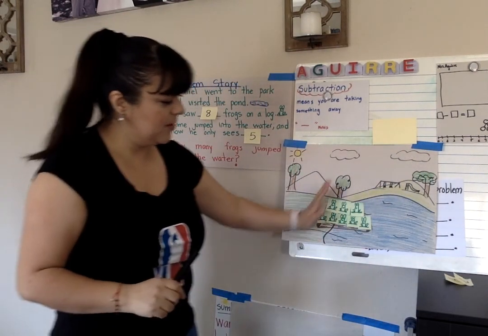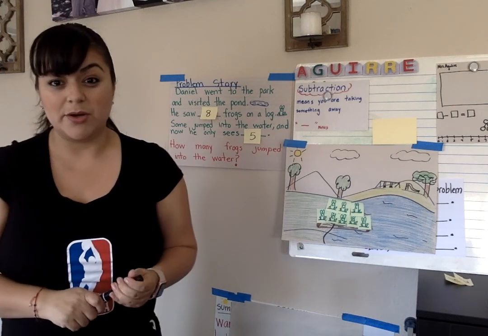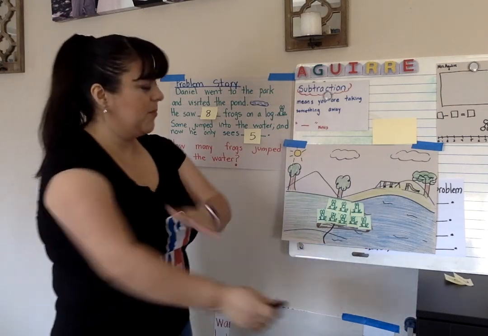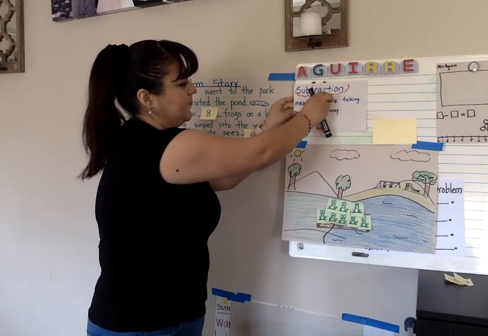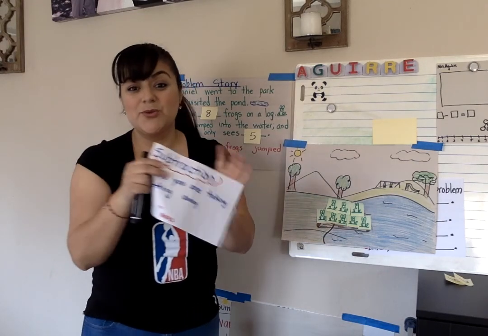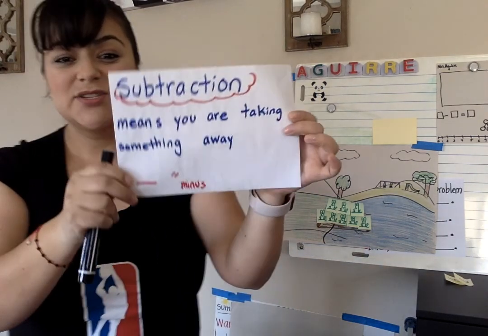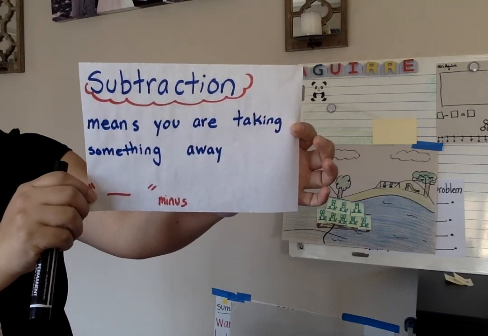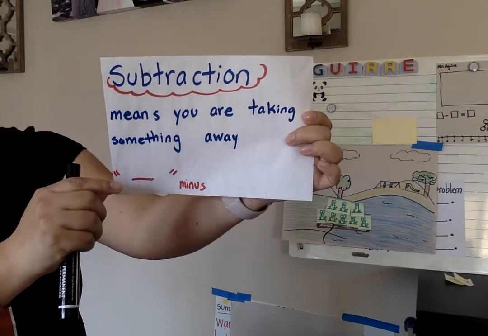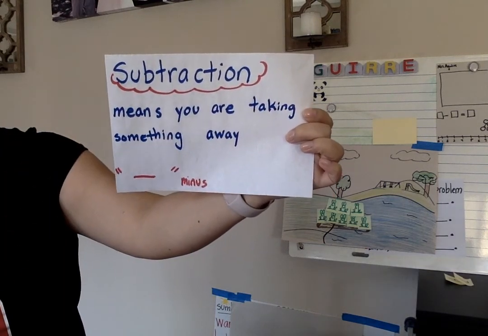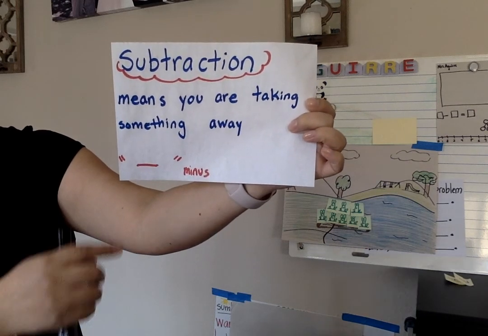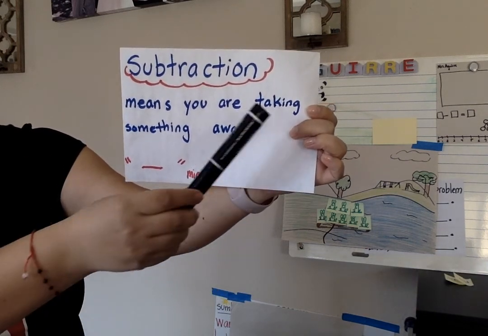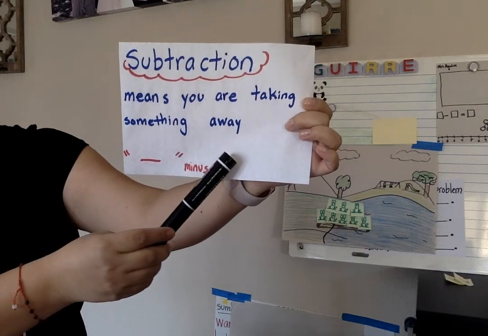Now, if some of them go away into the water, what type of math are we using? We're using subtraction. So remember in our last lesson of problem solving, we also used subtraction. And remember, subtraction means you are taking something away.